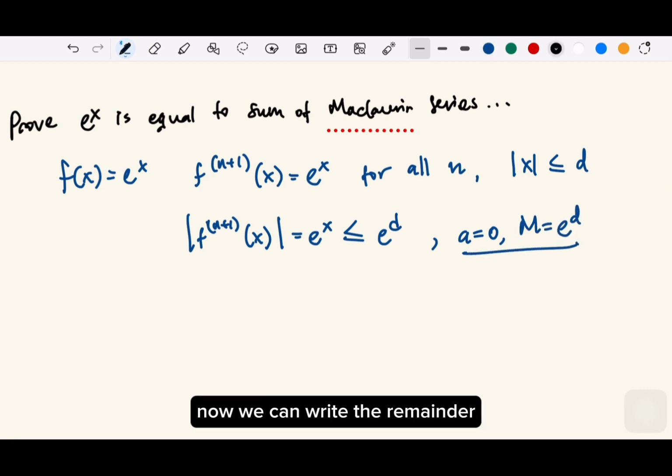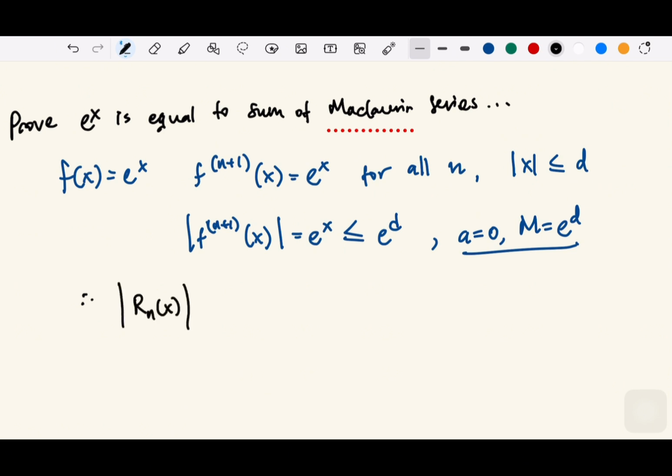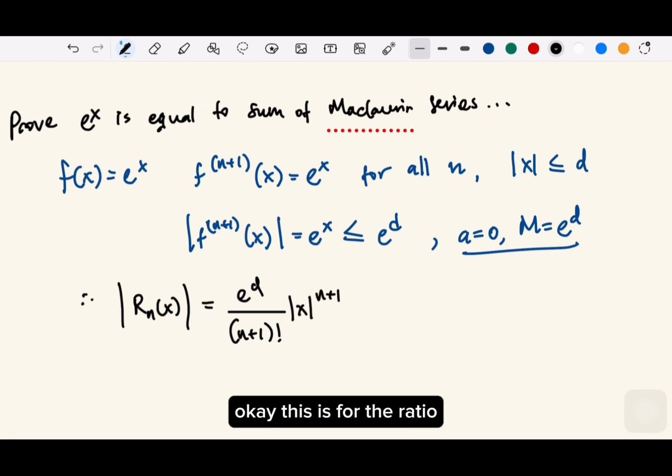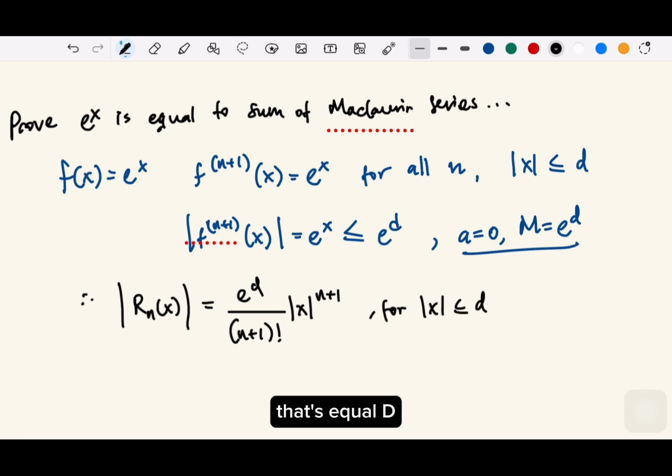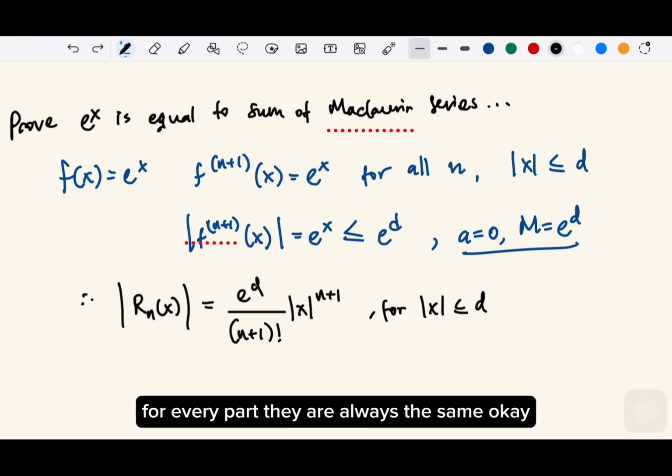Okay, now we can write the remainder. This is for the ratio less equal d. And this e to the d, or the M, is always the same for every part, right? For every part they are always the same.